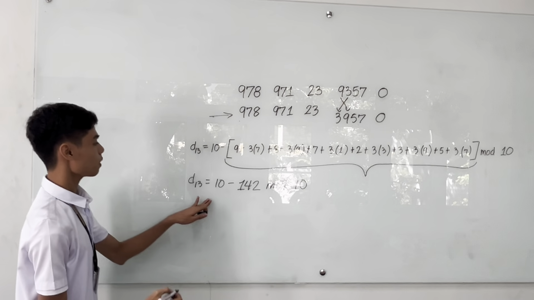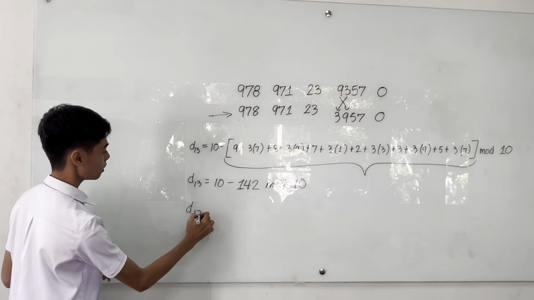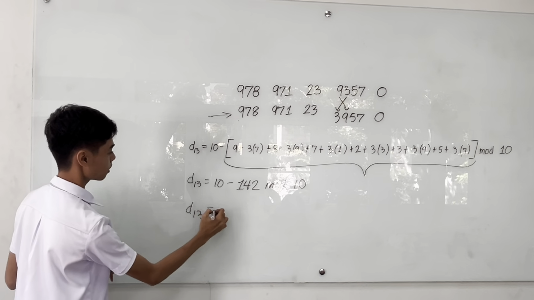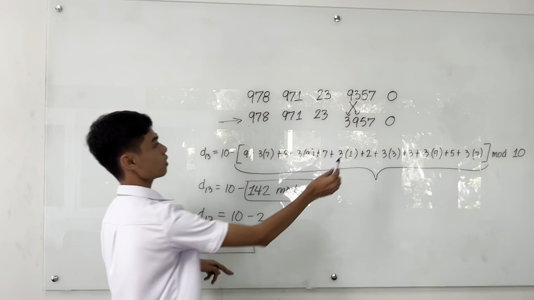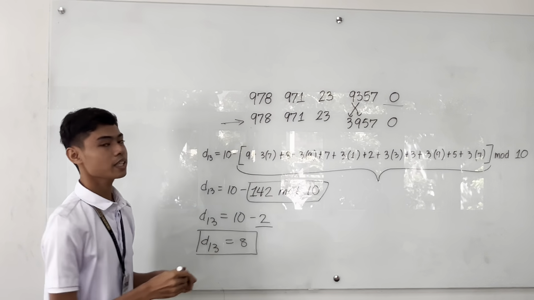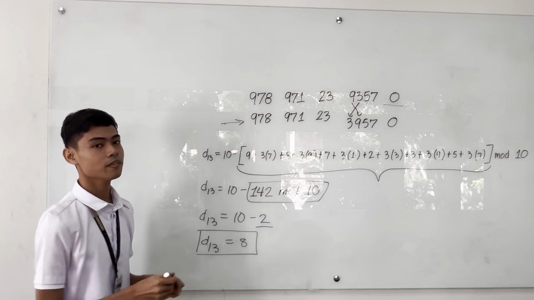We calculate this first. 142 modulo 10 is equal to 2. Then 10 minus 2 is equal to 8. Since we arrive at 8 instead of 0, we know that the given ISBN is invalid.